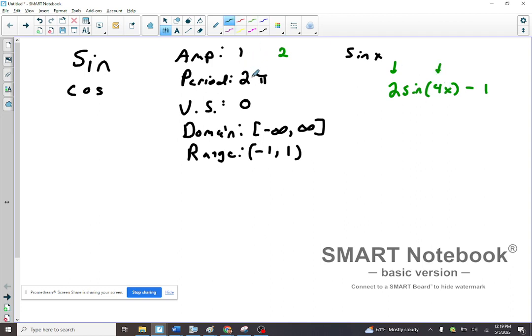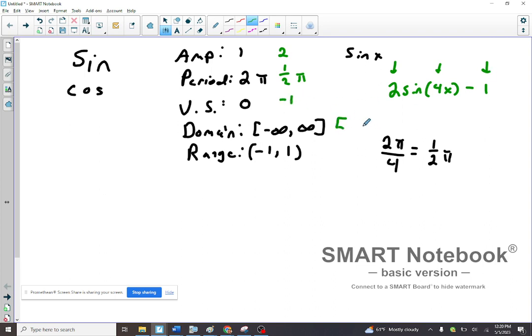Since it's normally 2 pi, you're going to do 2 pi divided by your B value, which is 4 in this case. So 1/2 pi. That means your period is 1/2 pi. Remember, you divide by the B. That's different than normal. Your vertical shift is your C value, so it's -1.